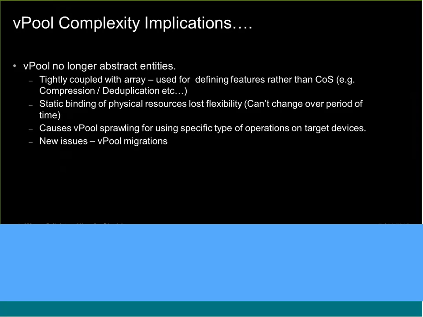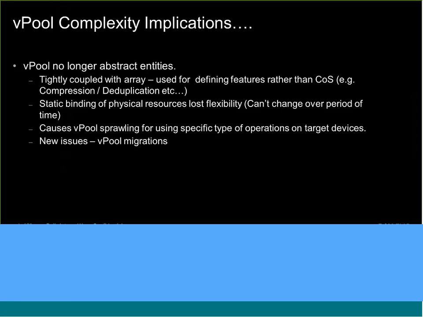The second part is the static binding of the physical resources. When we create the vPool, we are binding all the resources statically, and it has lost flexibility over a period of time, because once you have defined your vPool, I can't change those characteristics.